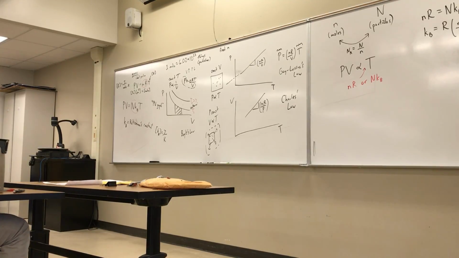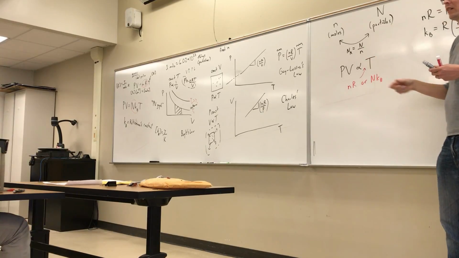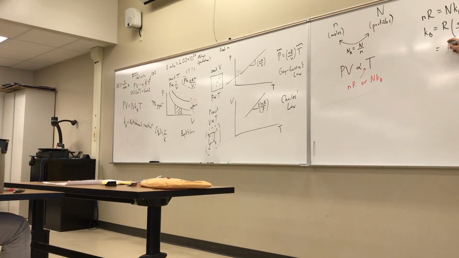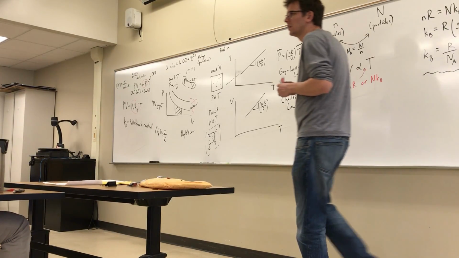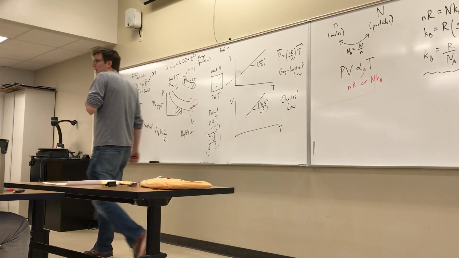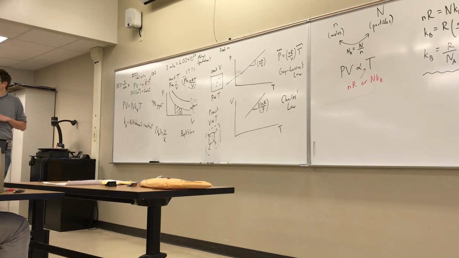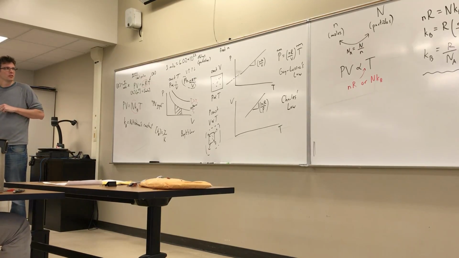And I can realize that this right here, moles per number, is just the inverse of Avogadro's number. So basically, it's taking the ideal gas constant and dividing out that whole artificial business of the moles thing anyway. Okay?